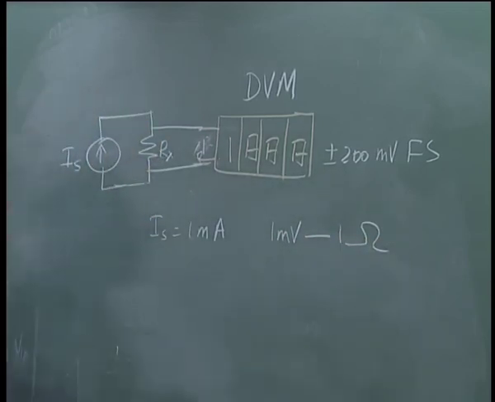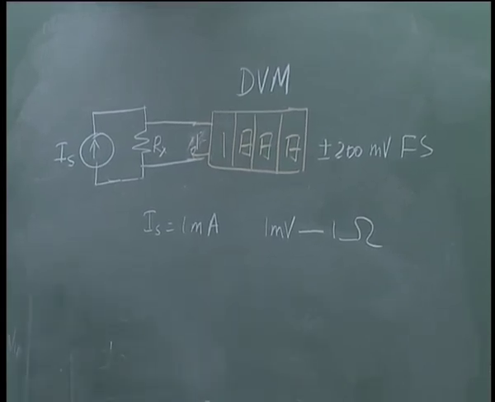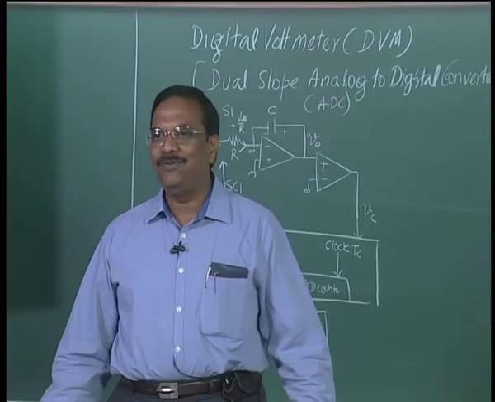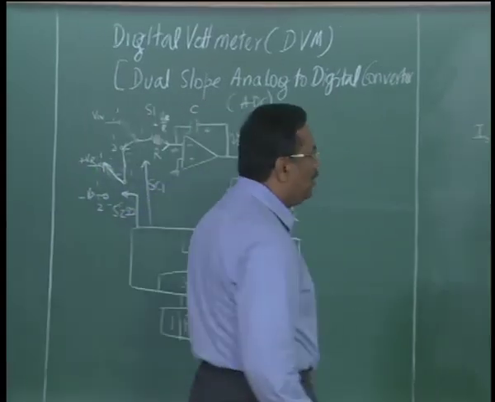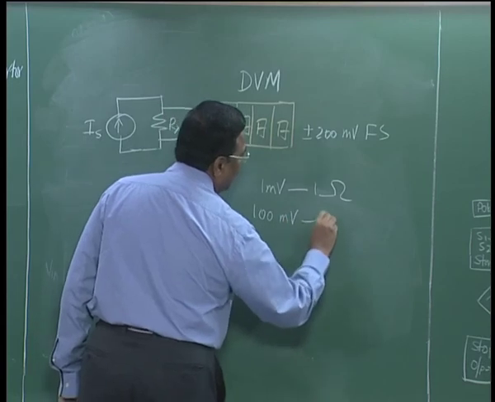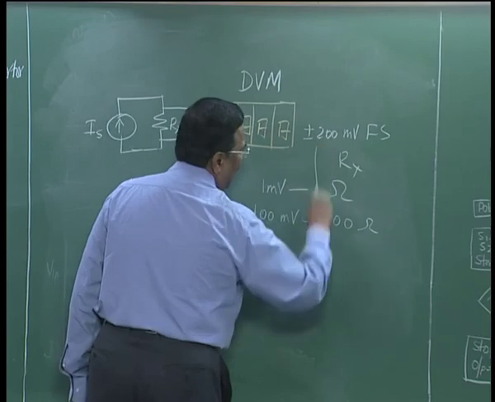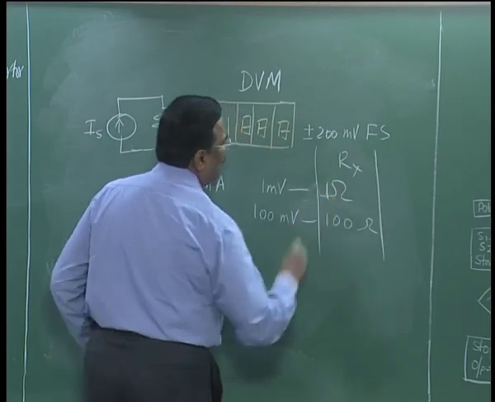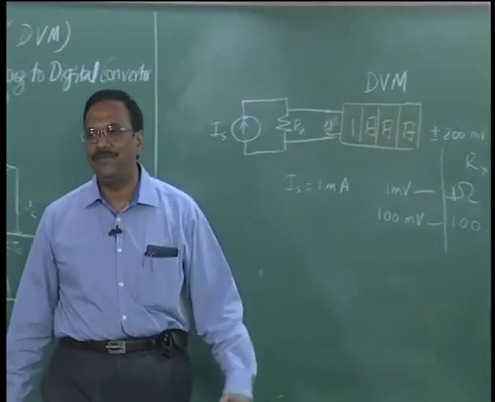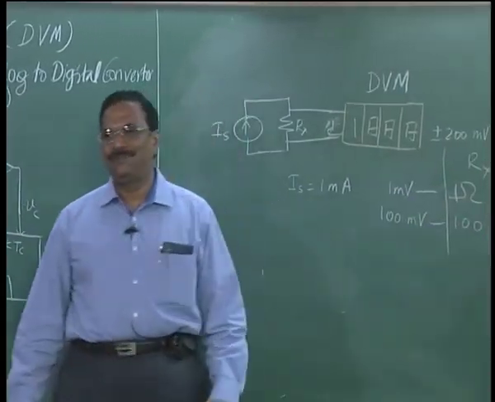Now if Rx is equal to 100 ohms, what will be the drop across Rx? I am sending 1 milliampere through Rx, 100 ohms, so the drop would be 100 millivolts, right. So 1 ohm is 1 millivolt, 100 ohms is 100 millivolts, or whatever value is read is actually in ohms, right.